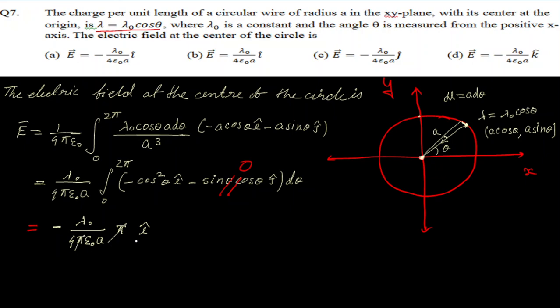So pi will cancel out. So finally we'll get minus lambda naught by 4 epsilon naught a i cap. That will be our correct answer. So option A will be the correct answer in this case: minus lambda naught by 4 epsilon naught a i cap.